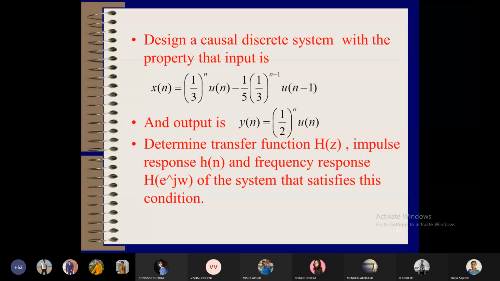I can design the system based on the required output and the input I am giving to the system. With this, you can determine the transfer function, impulse response, and frequency response of the system that satisfies the above condition.